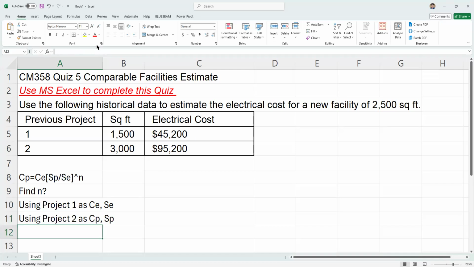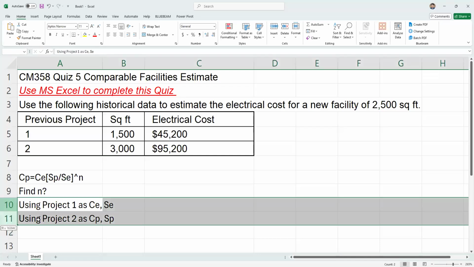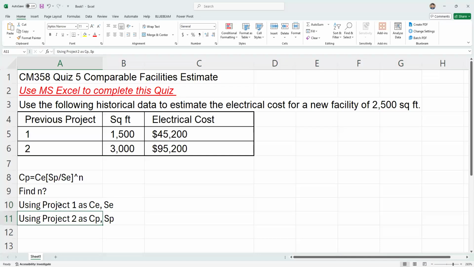The reason I do this is because we are using those two data points to find n, right? So now we have defined those two things, and we're trying to use those two sets of numbers here to find n. So how can we do this?